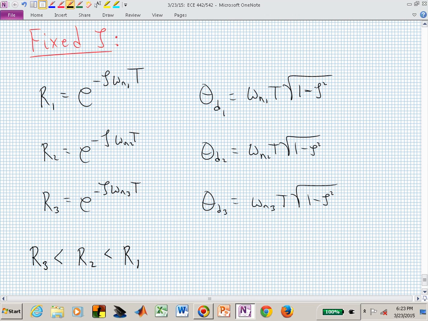The R's are getting smaller. The thetas are getting bigger. Is that clear? Meaning theta d1 is less than theta d2 is less than theta d3. Did I say that right? So now the radius is collapsing as the angle is getting bigger.